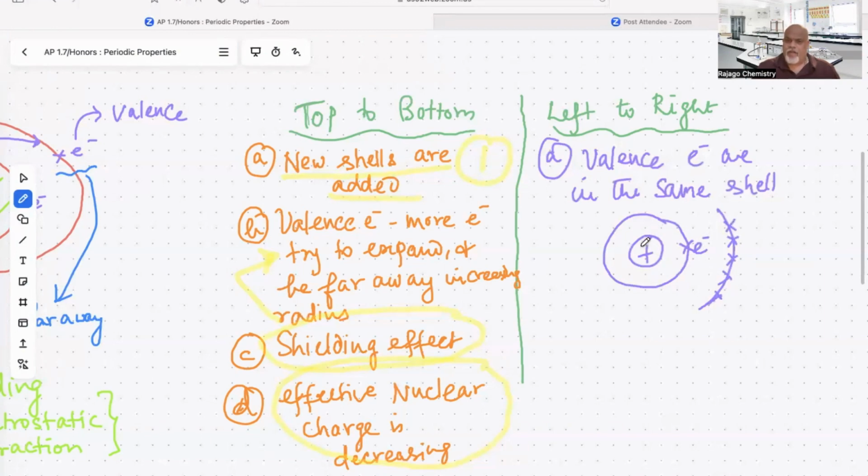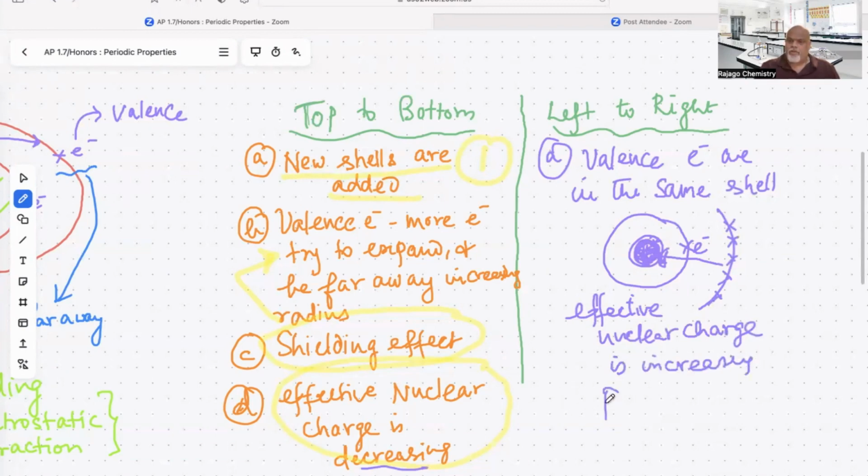But meanwhile, we are going to add more and more protons here. That is going to create a very heavy effective nuclear charge, trying to bring these electrons as close as possible, right? So it increases the effective nuclear charge. Here, the effective nuclear charge is decreasing. Here, the effective nuclear charge is increasing.